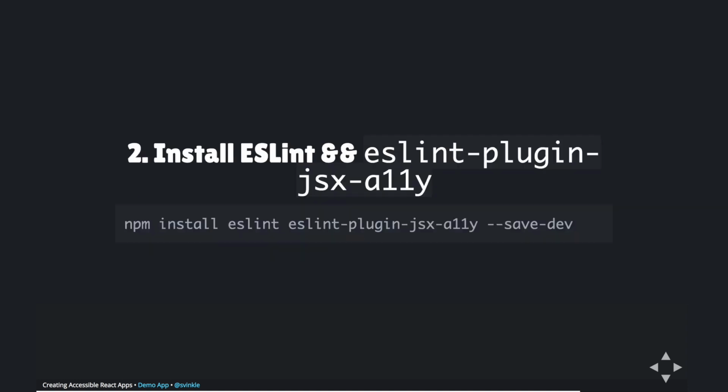And then next, you want to install eslint and the eslint-plugin-jsx-a11y packages from npm. You would accomplish this by opening up your terminal application, changing to your app directory, and then typing npm install eslint eslint-plugin-jsx-a11y --save-dev.